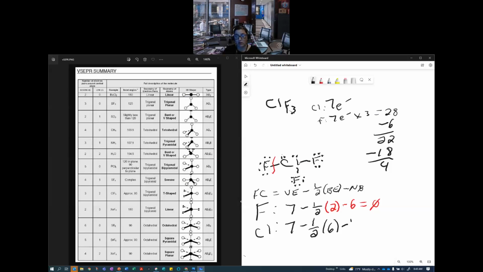So there are 2 lone pairs, 4 electrons. So half of the 6 is 3, minus 4, and 7 minus 3 minus 4 is 0. That means that my formal charge on each chlorine is also 0. So I have no formal charge in this particular molecule, which is great. We want to minimize the formal charge that exists. So if we can get to a state where we have no formal charge on anything, that's ideal.